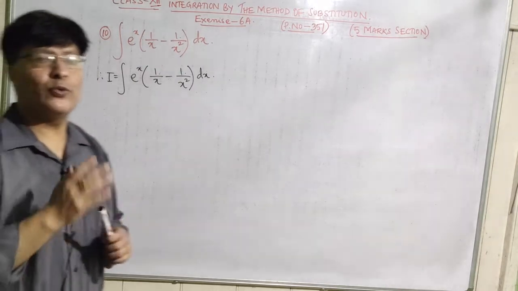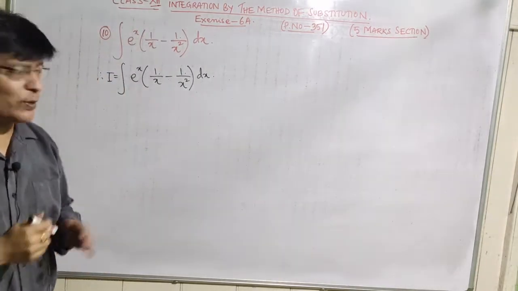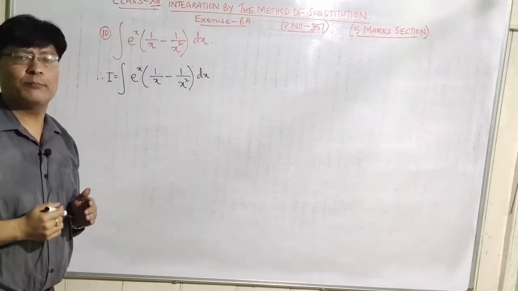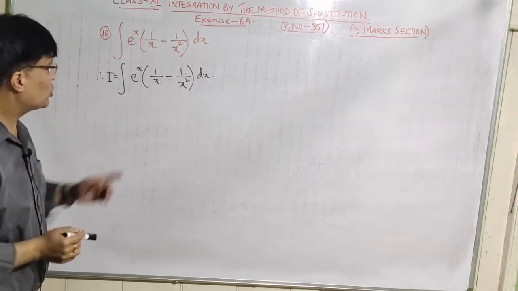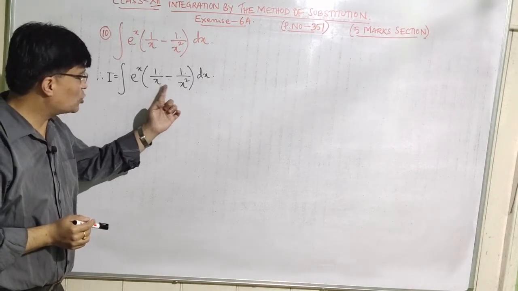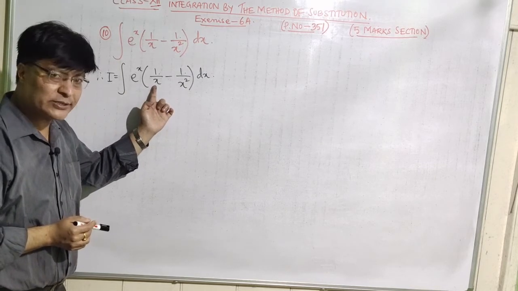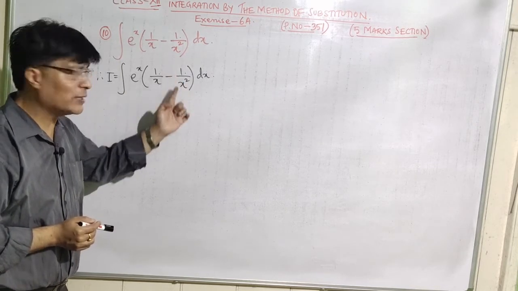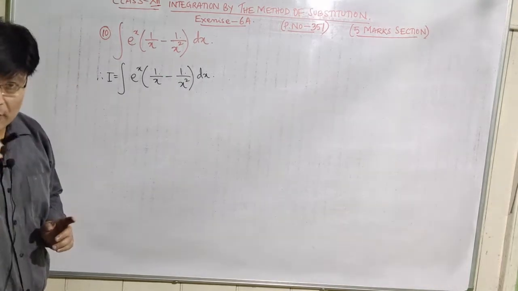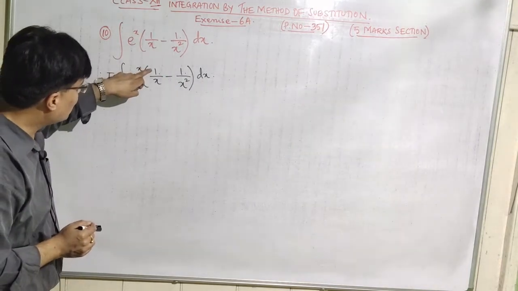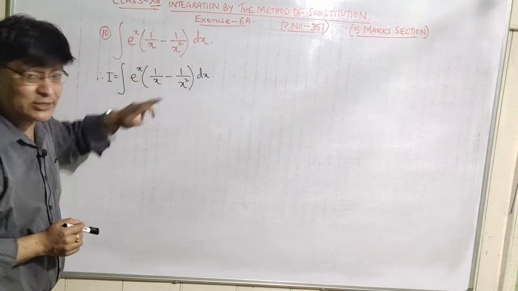Okay. So we can use the same method as we have done in the previous problem. Let us check the relation between these two algebraic functions. What is the relation between 1 upon x and minus 1 upon x square? You know that the differentiation of 1 by x is minus 1 upon x square.